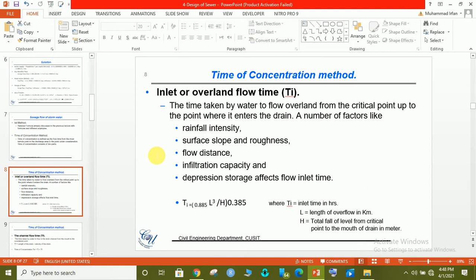The formula used for the time of concentration, the first method, is Ti = 0.8885 L^3 divided by H, all to the power 0.385, where Ti is the inlet time in hours, which is the time of concentration, L is the length of the overland flow, and H is the total fall of the level from the critical point to the mouth of the drain in meters.